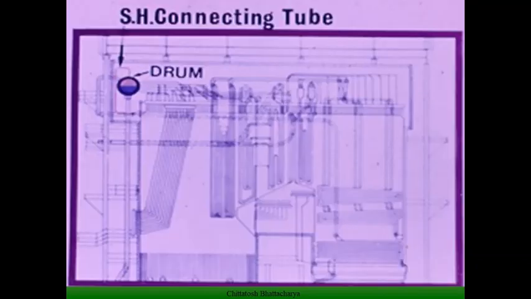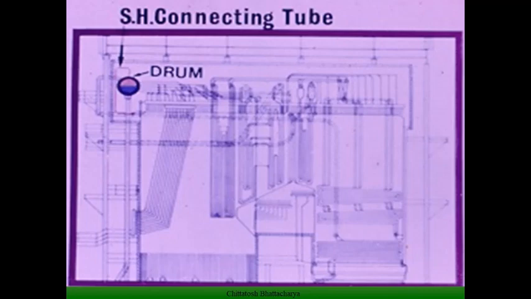In this diagram we are showing the connection of the drum with the superheating tubing. As shown, from the top of the drum these superheated tubes come out and go towards the low temperature superheaters placed at the bottom of the second pass, where the low temperature superheating arrangement is.